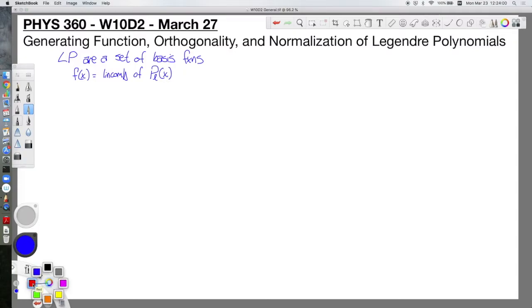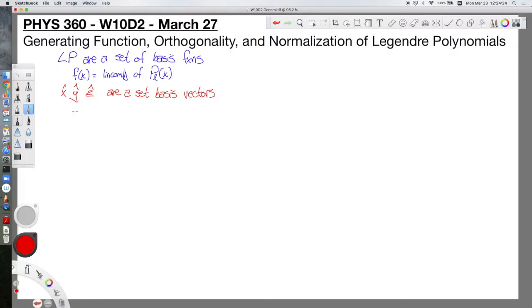I want to compare and contrast this with the unit vectors. Our unit vectors in Cartesian coordinates, x hat, y hat, and z hat, or i hat, j hat, k hat if you prefer, are also a set of basis somethings. They aren't functions, they are a set of basis vectors.